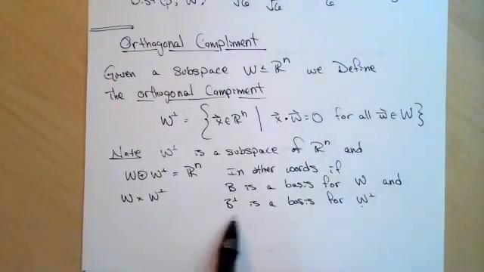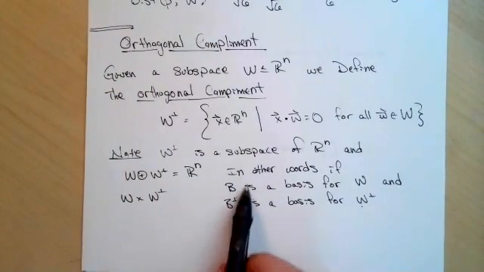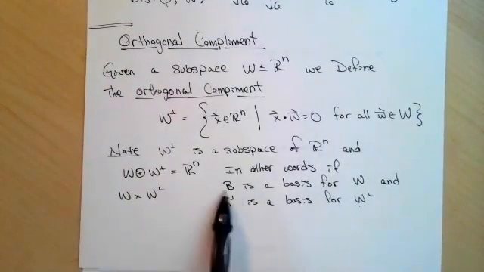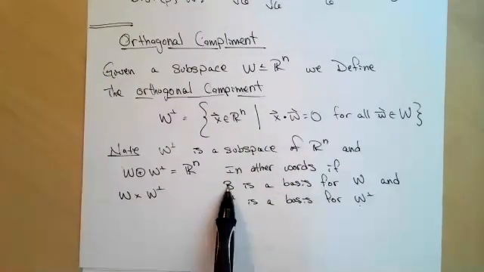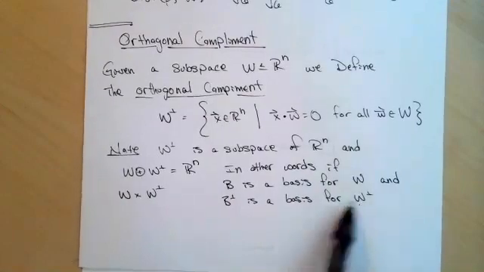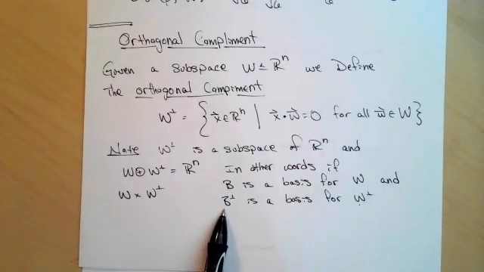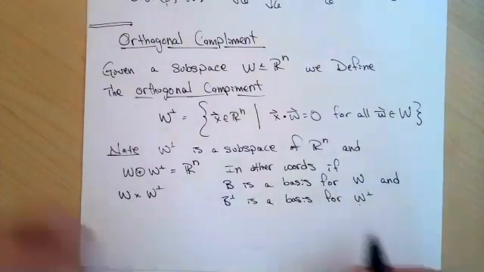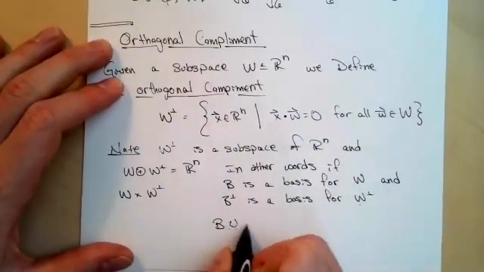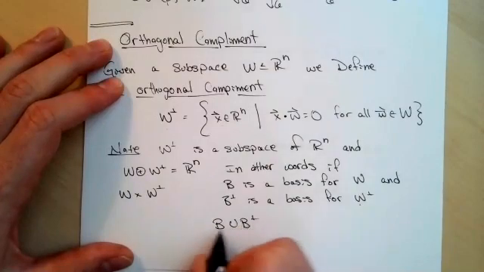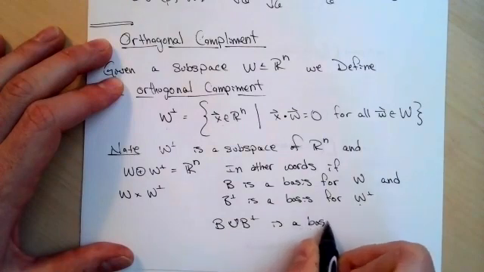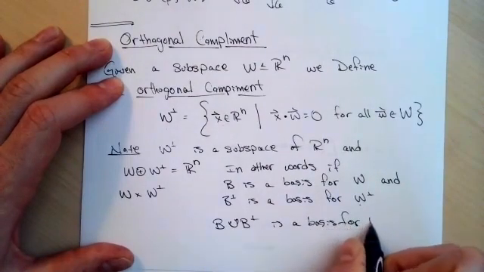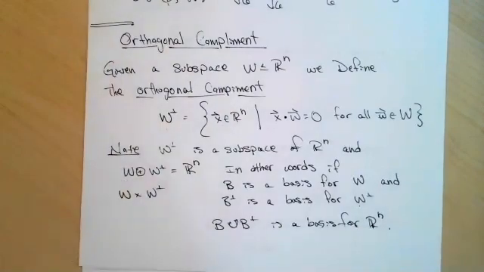And now keep in mind, all of these vectors are perpendicular to here. And we could even create an orthogonal basis for W such that all of the vectors are mutually orthogonal. We could create an orthogonal basis for W perp in which all of these guys are mutually orthogonal. And then if I combine those two, so B union B perp is a basis for all of Rn.